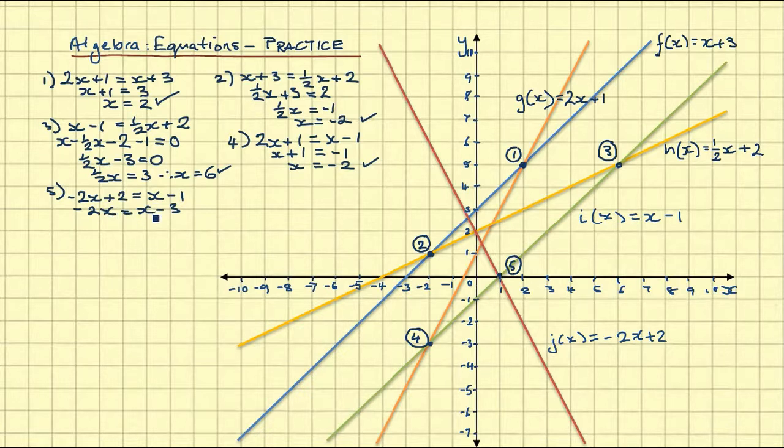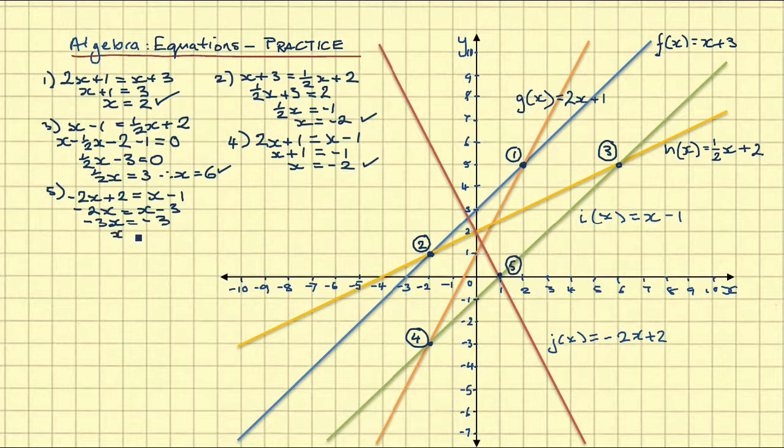Okay, now we want to get this x eliminated from the right hand side, so we need to subtract x. So we subtract x from both sides, giving us minus 2x minus x, minus 3x equals minus 3. Now what we can do is divide through by minus 3.